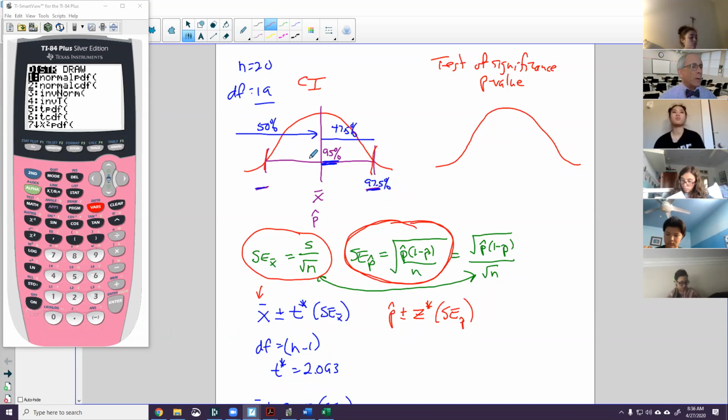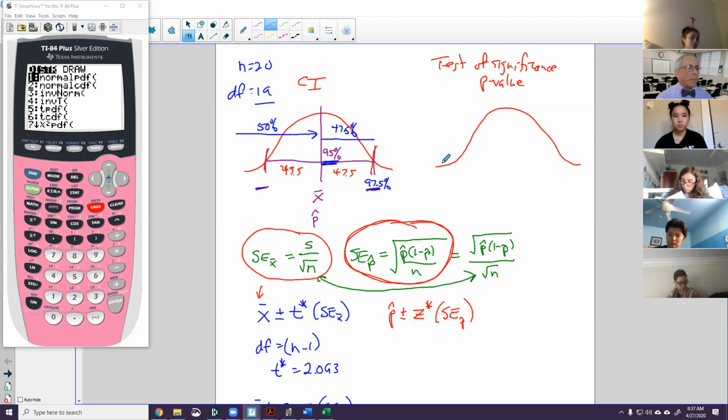So 95 divided by 2 is 47.5 on either side, because 47.5 times 2 is 95, and it's symmetric. So I have 47.5 that way and 47.5 that way. But if I'm finding the percentile, really, I start at 0, and I go 0 to the middle is 50, and then add this 47.5, and that takes me to the 97.5. Thank you. Okay, good.